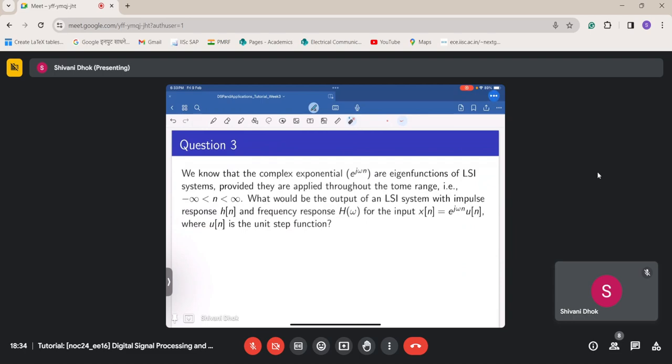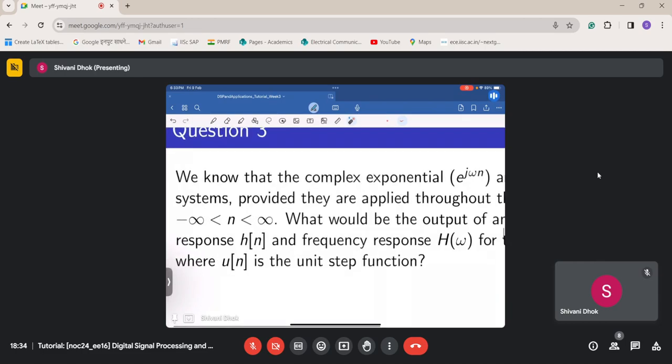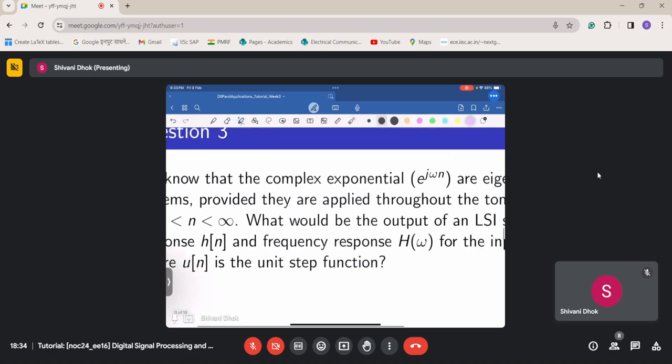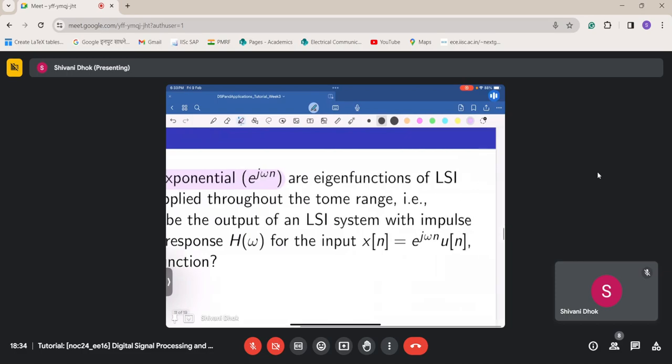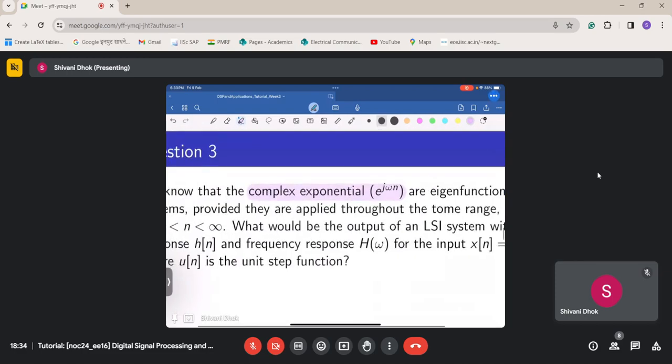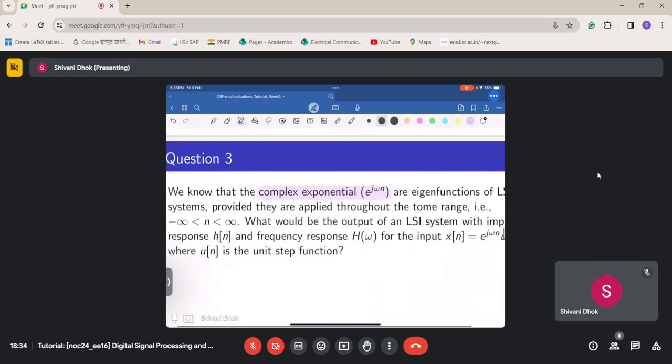Okay. So let's start with the third question. It says that we know that the complex exponentials e power j omega n are eigenfunctions of LSI systems, provided that they are applied through the time range, that is minus infinity less than n less than infinity.